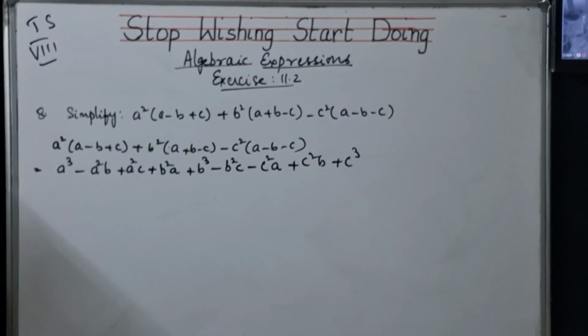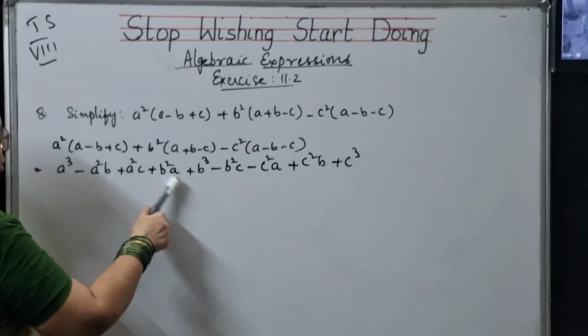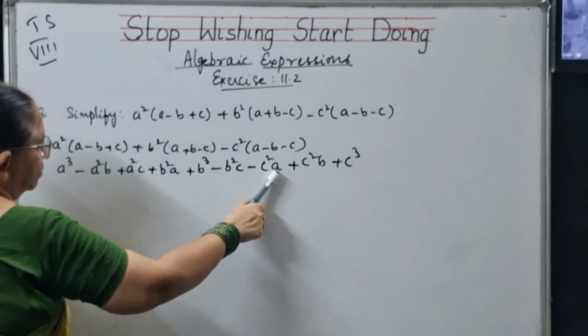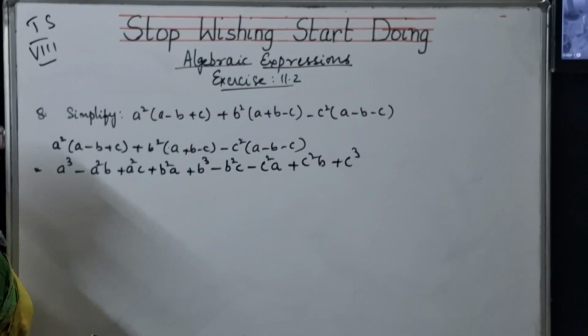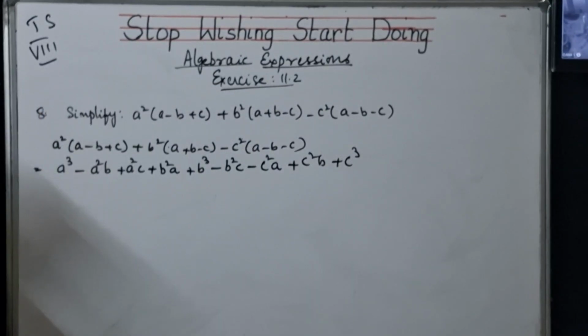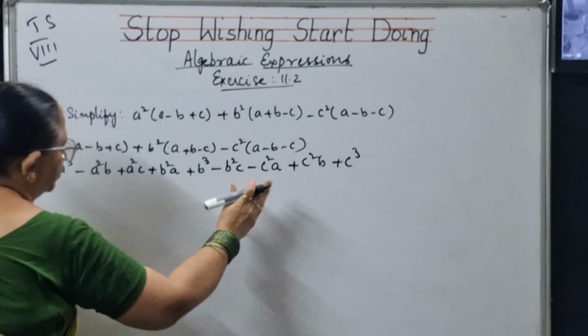So let us see whether anything is the same here. A square b is there, but with the ab combination, b square a. A square c is there with the ac combination, c square a. And then c square b is there, b square c. Okay. So we can only write all cubes together.